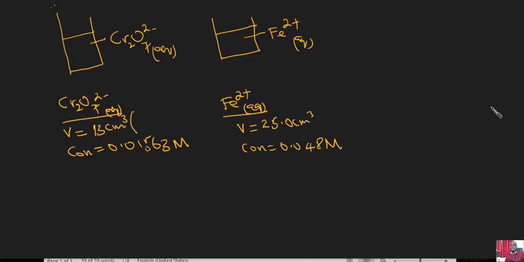How did we get this volume? Our final burette reading, we got 15.0. You subtract the initial 2.0, and you get 13.0 centimeters cubed.